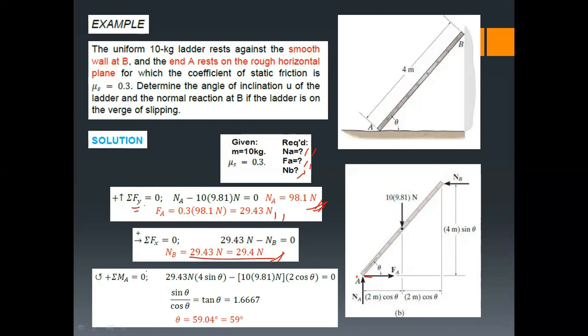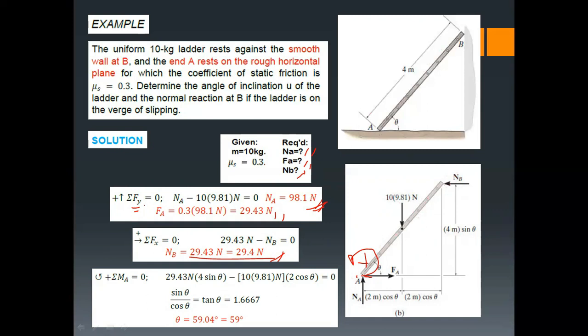So, simpleng summation of moment. So, 29.43 Newton, from our point A, dito, so positive counterclockwise, so 29.43 newtons times 4 sine theta, which is yun yung distance natin from our NB, okay?